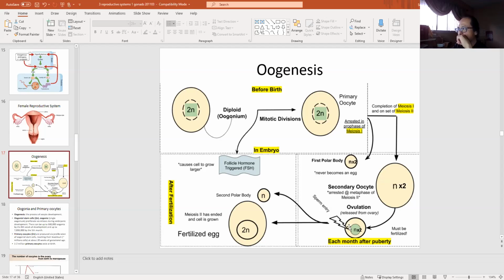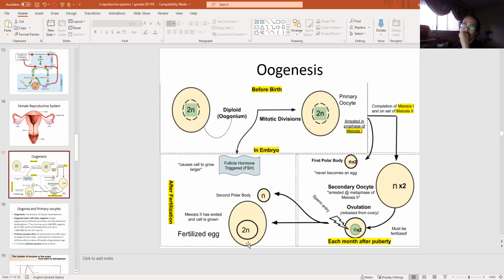If the sperm comes, they will finish. This is the first meiosis. They will not complete the second meiosis until sperm enter. Once sperm enter, they complete the second meiosis, which produces another polar body and the remaining oocyte. Then this remaining oocyte fuses with the sperm and becomes a fertilized egg.